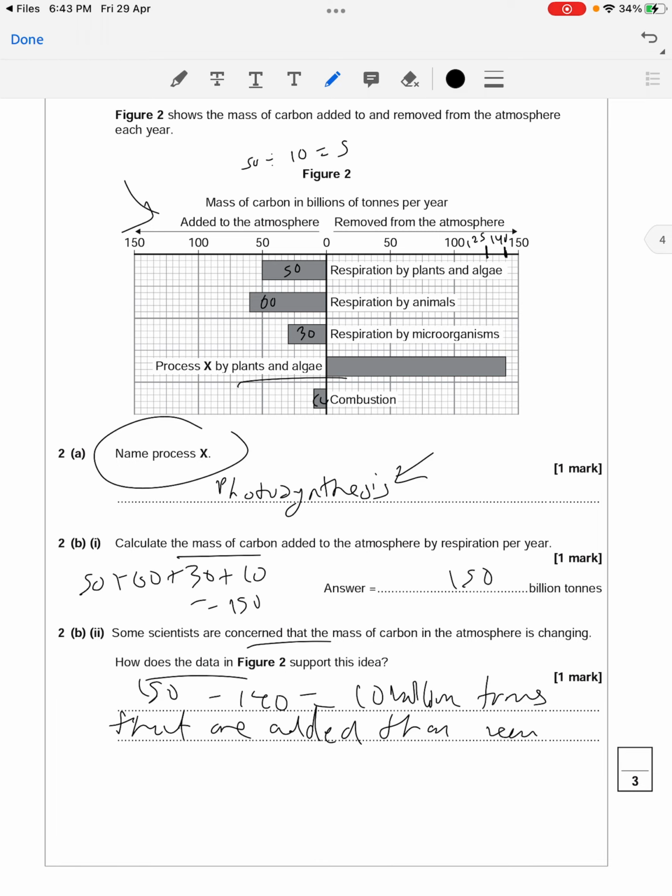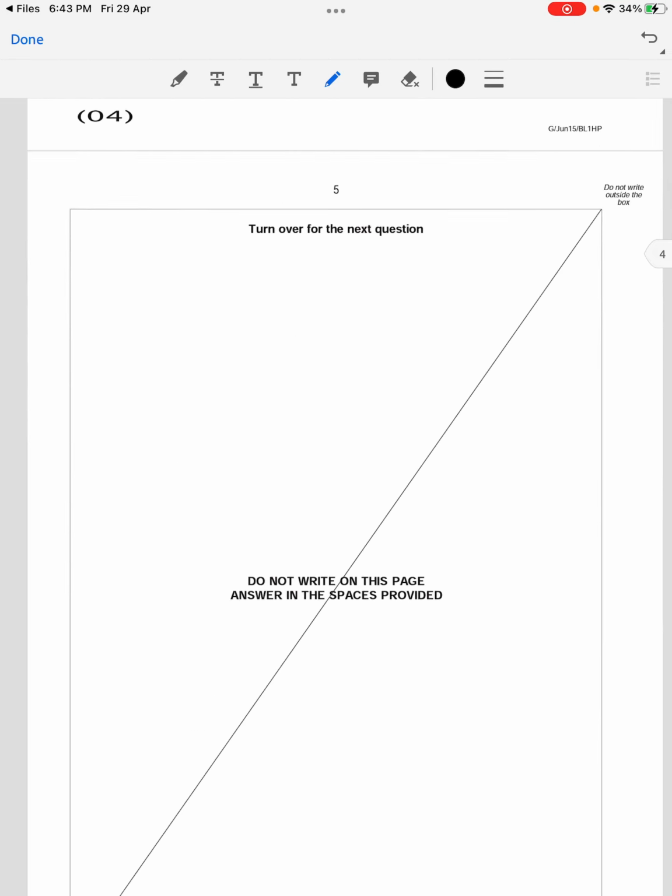So we can see that there's an increase of 10 billion tons being added to the atmosphere rather than removed from the atmosphere. All right, let's move on to the next question.